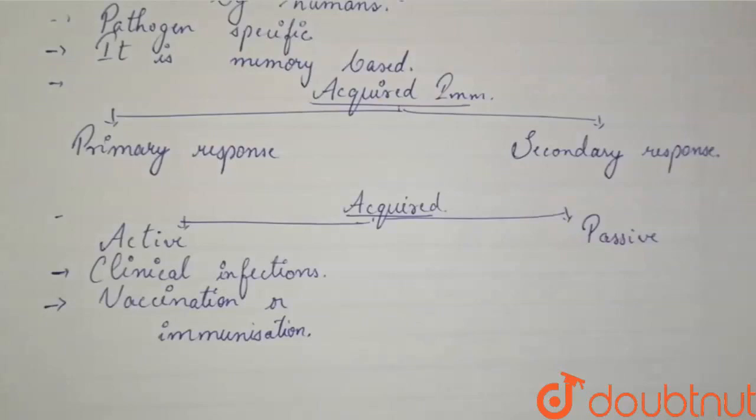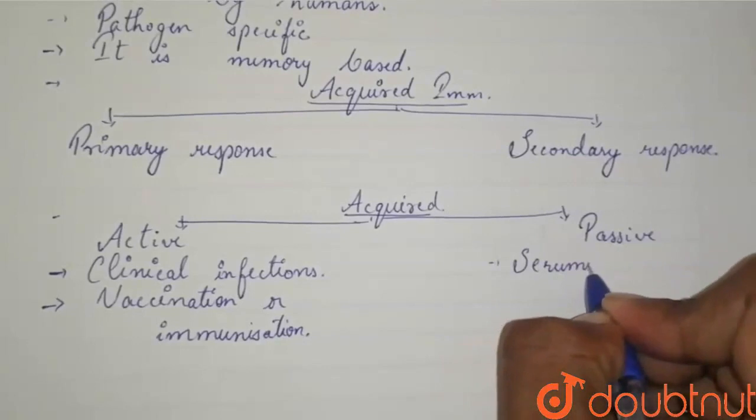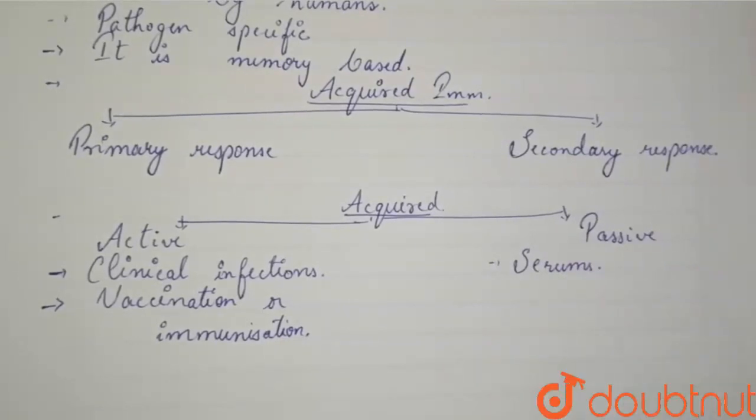Now we can talk about how we acquire passive acquired immunity. We obtain passive acquired immunity when the prepared antibodies are inserted into the body. The best example is the anti-tetanus serum. In the anti-tetanus serum, the antibodies are prepared and injected into the body.